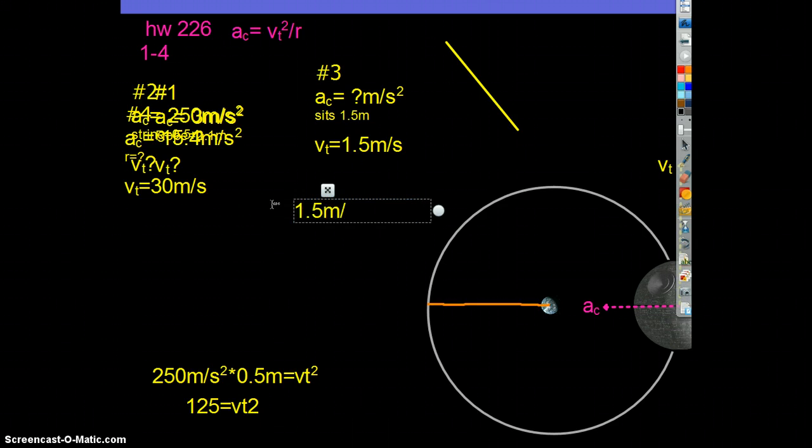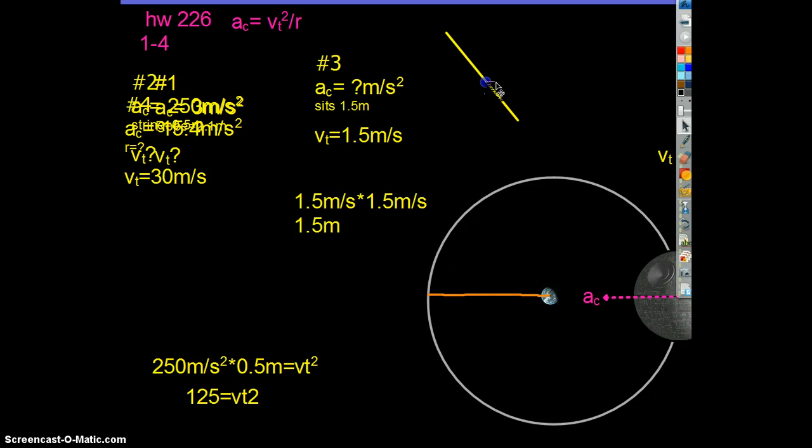1.5 meters per second times 1.5 meters per second, because that's VT squared. And then we're going to divide that by the radius of 1.5 meters. Well, that divide sign looks a little worthless, so let's just take a line here and make that into a divide so it looks pretty.